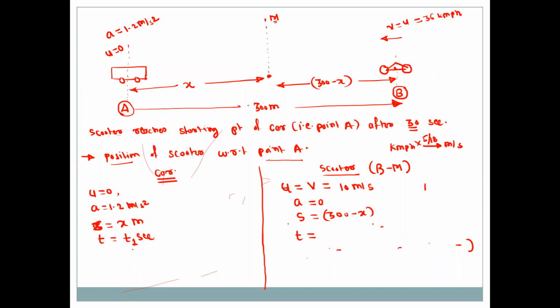will it be equal to t1 second or will it be different? Okay, just give me the answer. So this time t will be the same as the time t1, because both these vehicles, the scooter and the car, will come at point M at the same time instant.